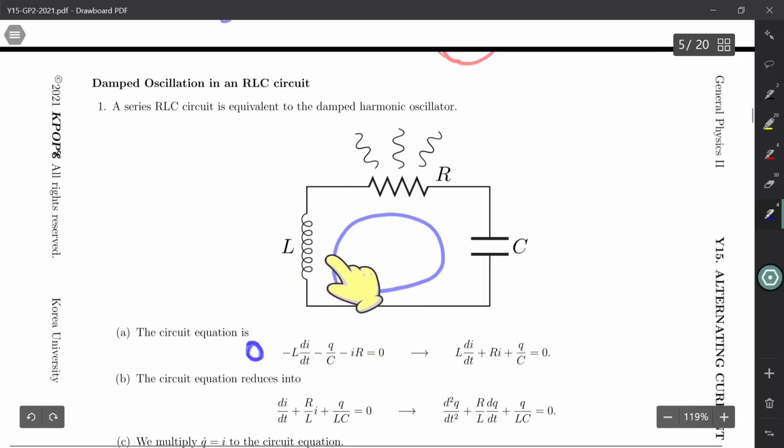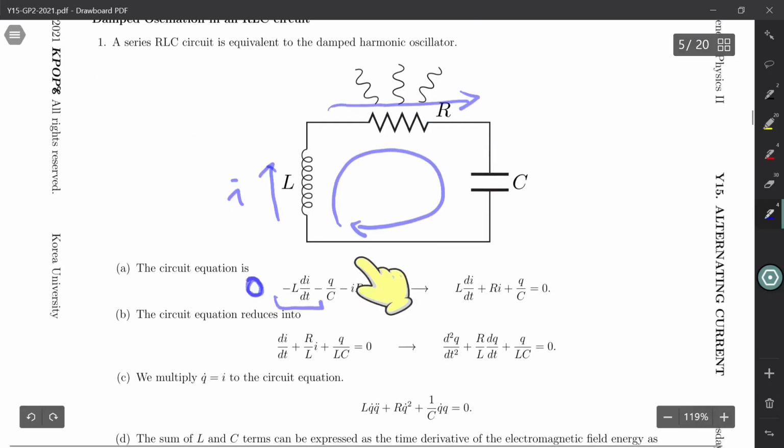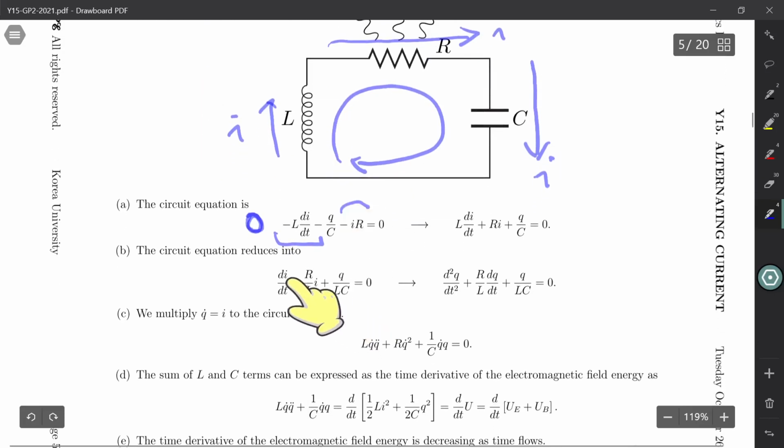Then following the current, the potential shift in this inductor is minus L di over dt, and the potential shift when we pass through the resistor is minus IR, and then the potential shift when we pass along the current is Q over C for the capacitor. We multiply by minus I to find the equation of motion.